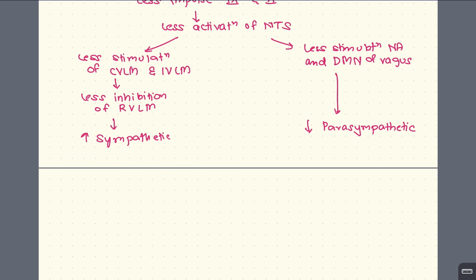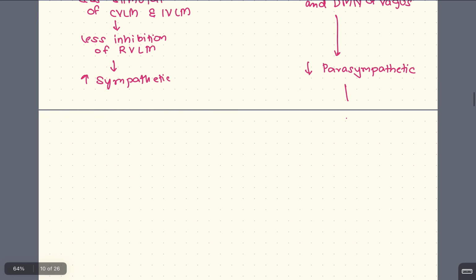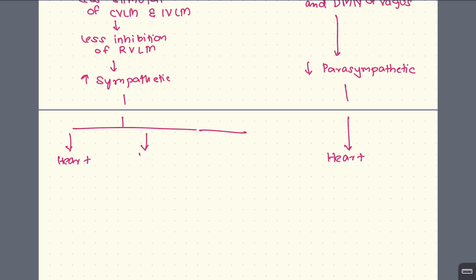The decrease in parasympathetic discharge has its effect on the heart, and the sympathetic effect is on three levels: on the heart, on blood vessels, and on the adrenal medulla.